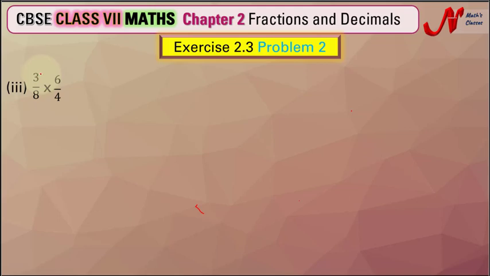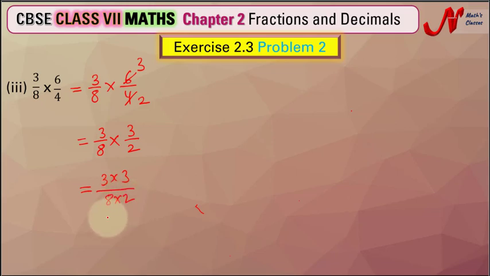Here given 3 by 8 into 6 by 4. We can cancel: 2 2s are 4, 2 3s are 6, which can be written as 3 by 8 into 3 by 2, which is equal to 3 into 3 by 8 into 2, which can be written as 3 3s are 9, 8 2s are 16.